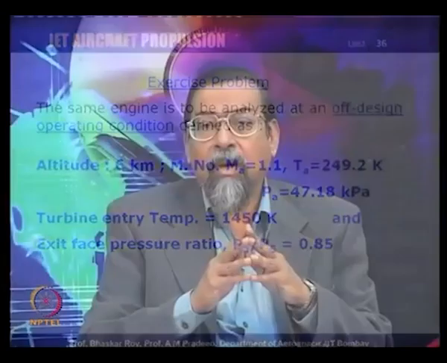The turbine entry temperature has been prescribed as 1450 K, and the engine exit face pressure ratio is again prescribed as 0.85. You can try to do the off design calculation on your own using the same procedure that we have just enumerated through this off design calculation, and see what kind of answers you get, and whether you get a good off design operating condition.